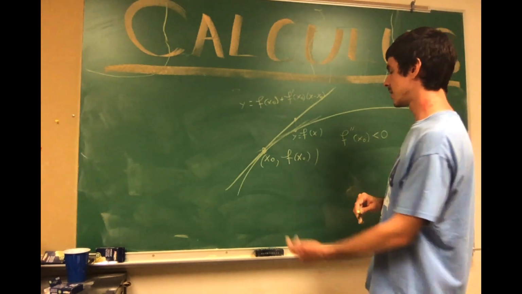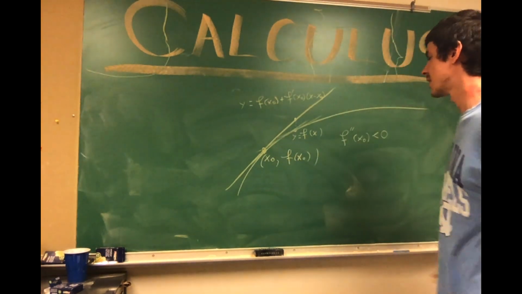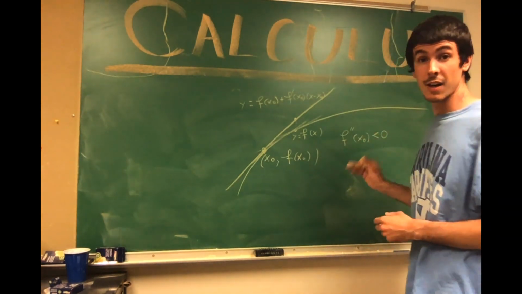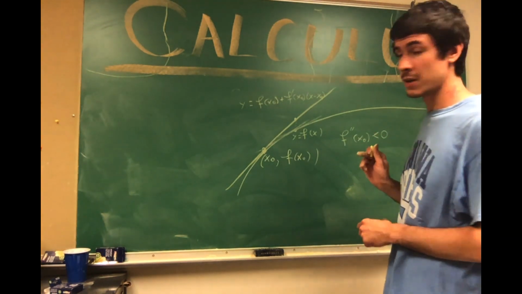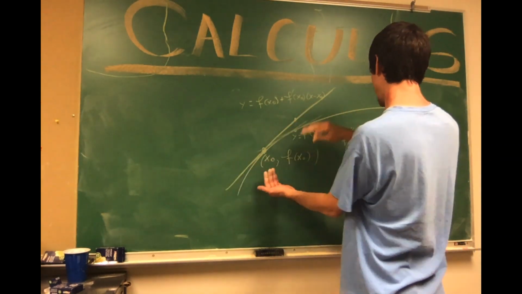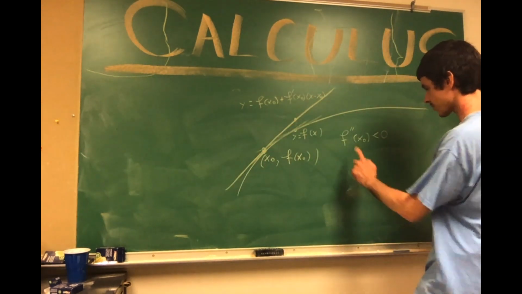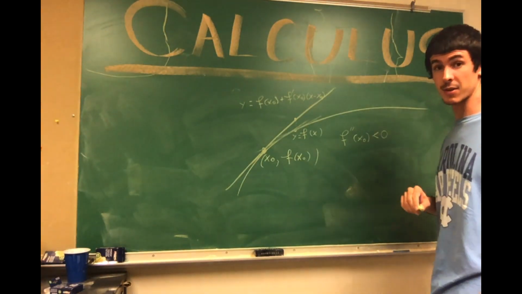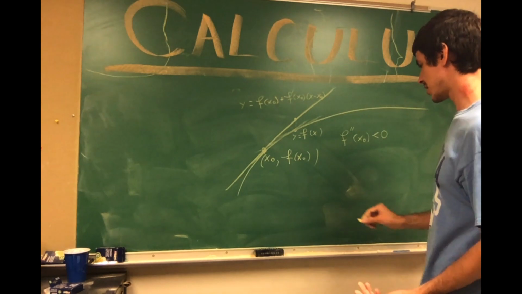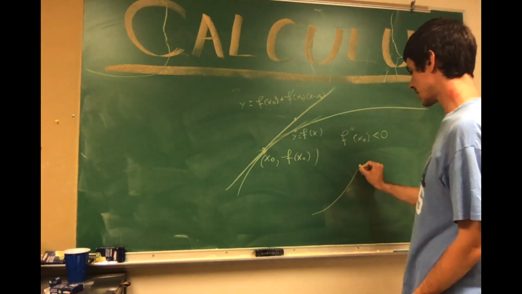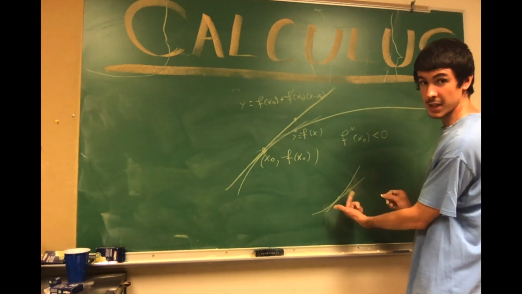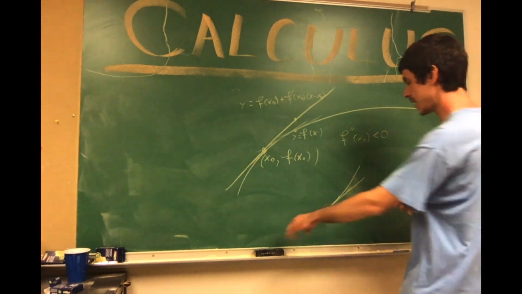And f double prime is sometimes called the curvature. It tells you how the function is curving. So it's curving down when f double prime of x0 is negative. The curve is pulling down from the tangent line, as opposed to if f double prime of x0 were positive, the curve would be pulling up from the tangent line, curving away from it.